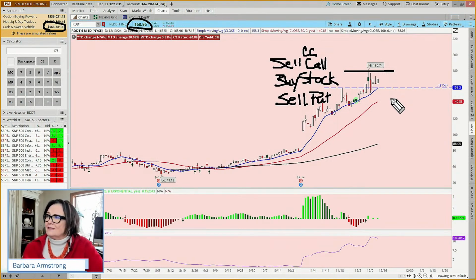And so what is the goal? Well, the goal is to collect the premium for selling the put, to buy the stock, and then to sell the call. You can look at this different ways, but we're going to structure this so that our goal is ultimately to be called out. We're bullish on the stock.